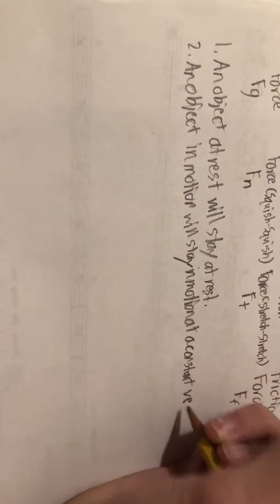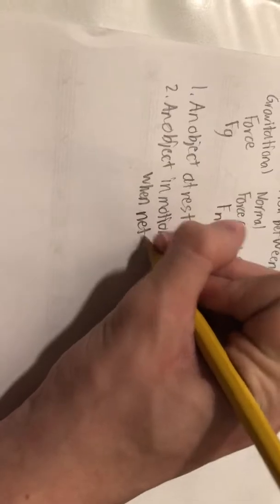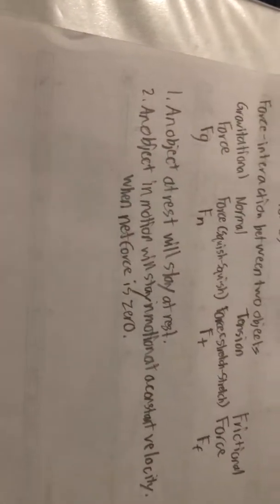And since velocity is a vector, we can imply that velocity also refers to direction and speed. And this is all only true when net force is 0. And this is either when there are no forces acting on the object or all of the forces cancel out.